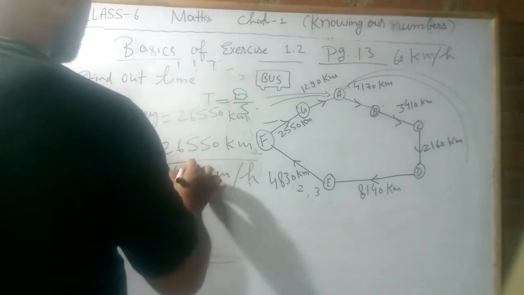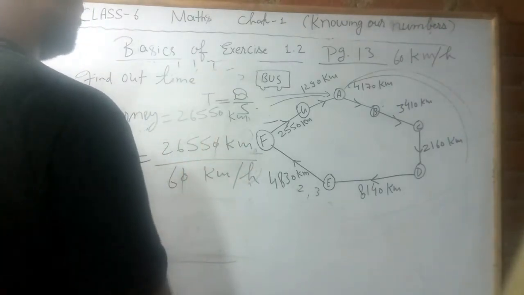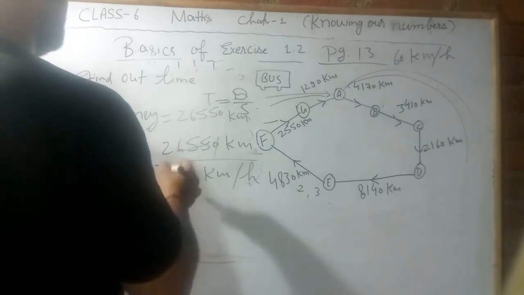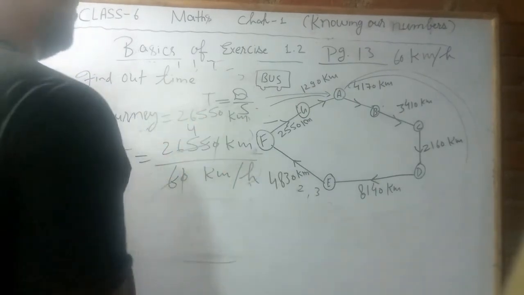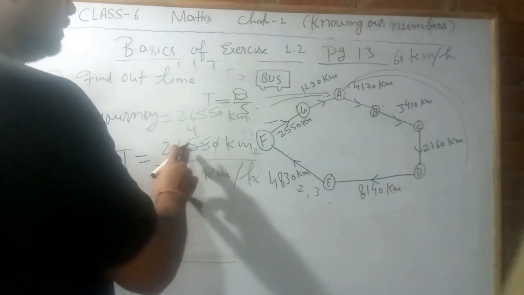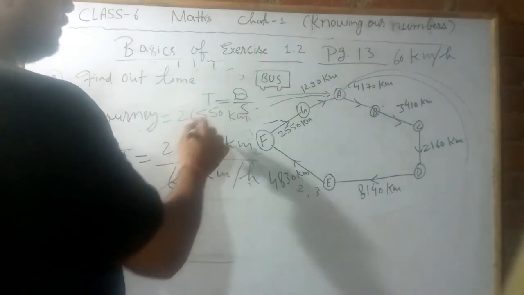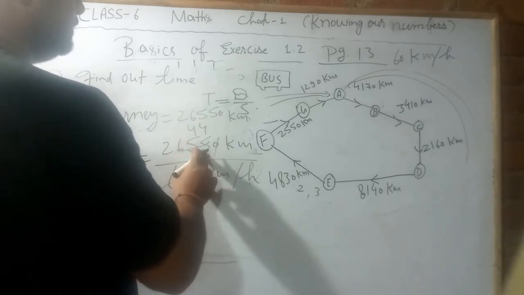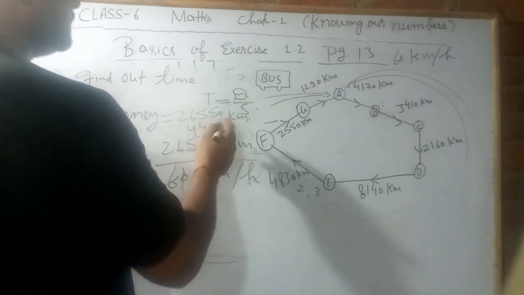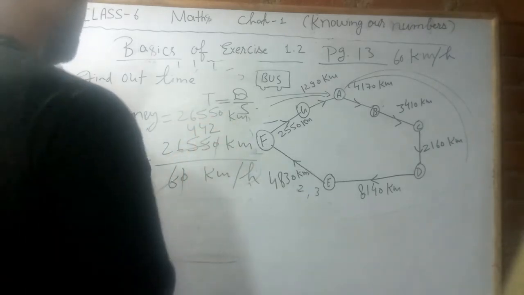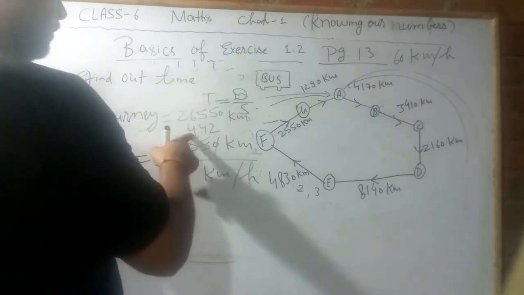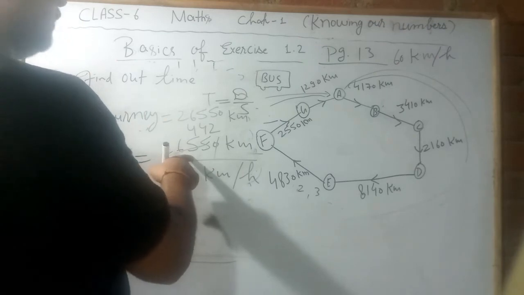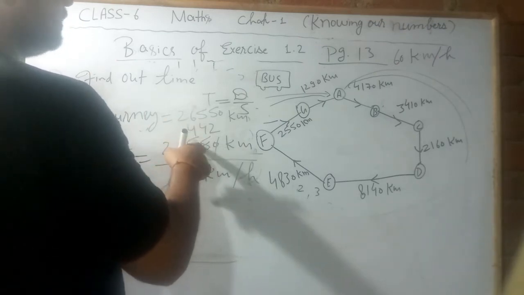Now 0 will cancel by 0 and divide it. 6, 4s are 24. Now 2 is left. 6, 4s are 24. 1 is left. Okay, and 6, 2. Again I'm doing 6, 4s are 24. 4 will come. Now 2 is left. 6, 4s are 24. 1 is left.